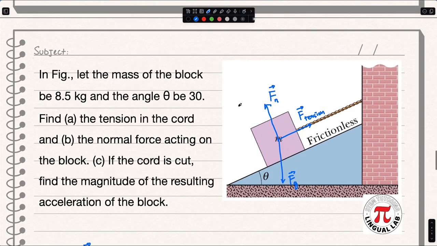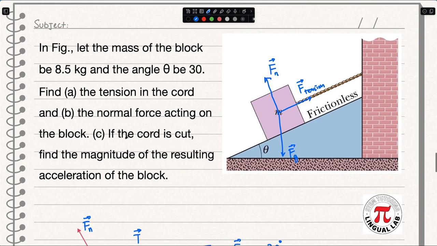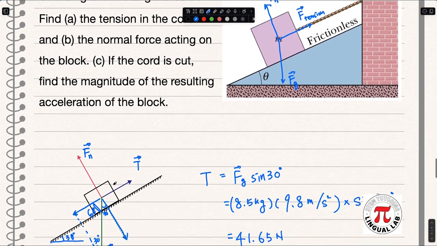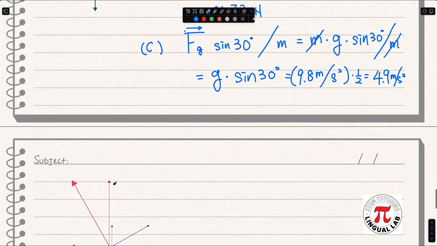We already solved this question. We found the tension in the cord and the normal force, and we also found the magnitude of the resulting acceleration. But do not stop here.